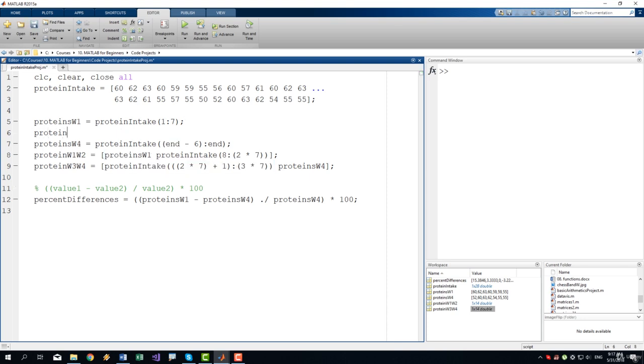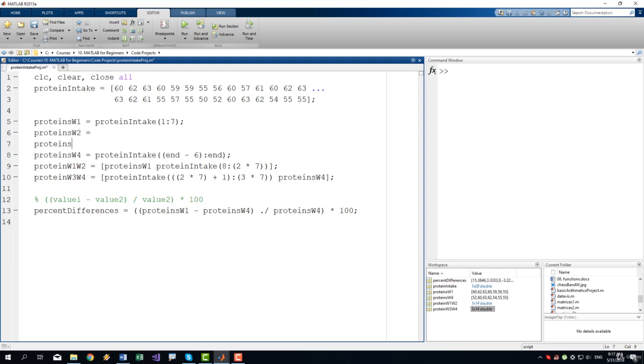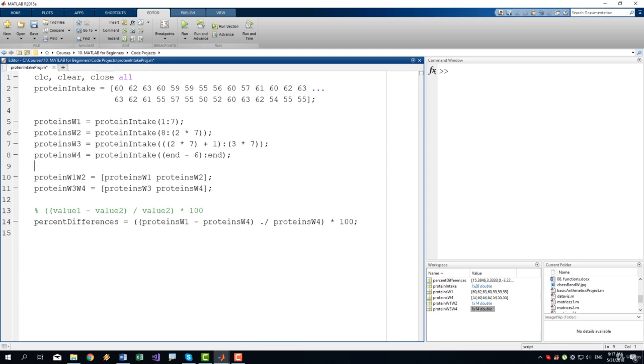So here we can say proteins week 2, proteins week 3, extract, and here we get proteins week 2, and here we get proteins week 3. There we have it. Now we can compare these two new vectors the same way that we did with the first and the fourth week.